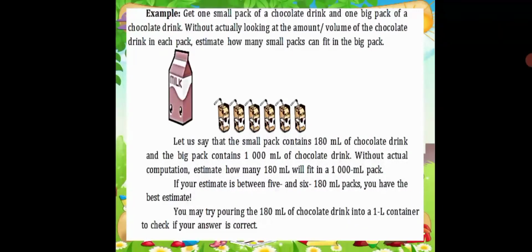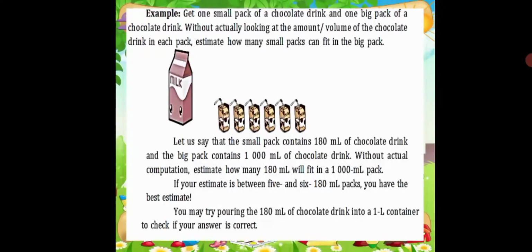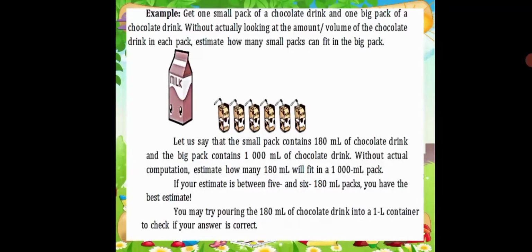Example: get 1 small pack of chocolate drink and 1 big pack of chocolate drink. Without actually looking at the volume of the chocolate drink in each pack, estimate how many small packs can fit in the big pack. Let us say that the small pack contains 180 ml of chocolate drink and the big pack contains 1000 ml.